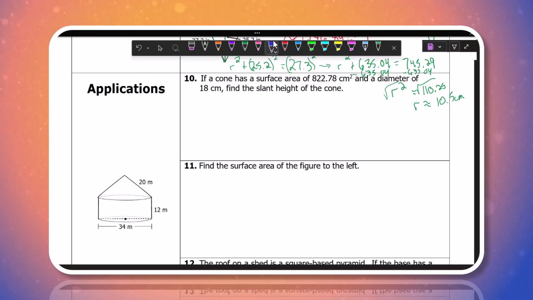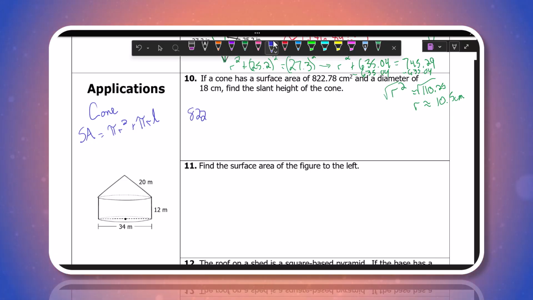So surface area equals. And again, I'll write this out. This is for a cone. It is pi r squared plus pi times r times the slant height. So the surface area is 822.78. We still have to find our radius.